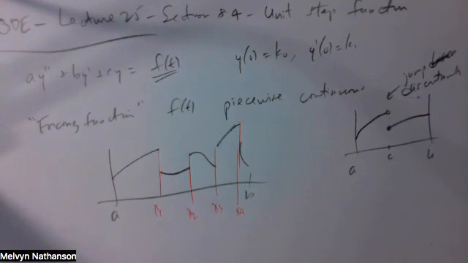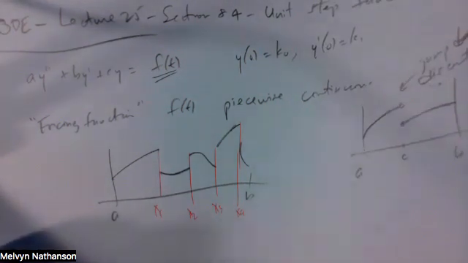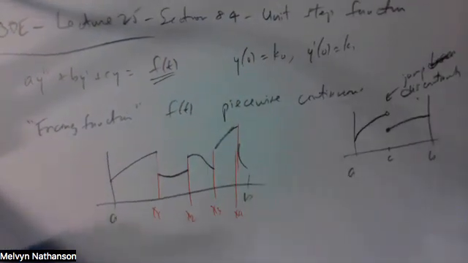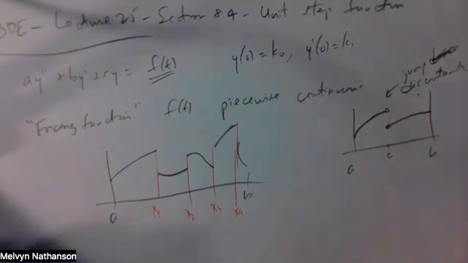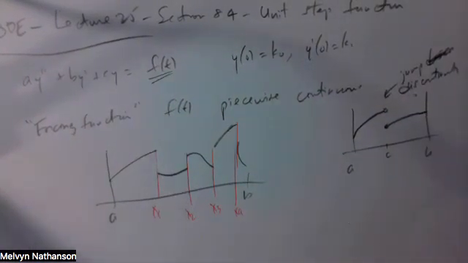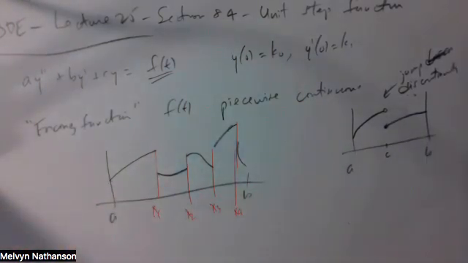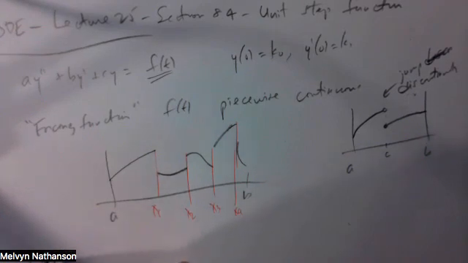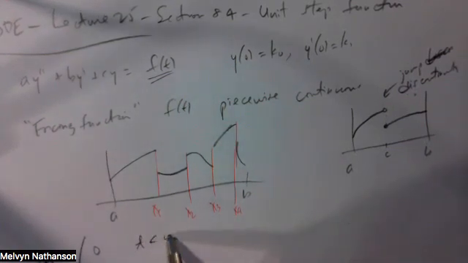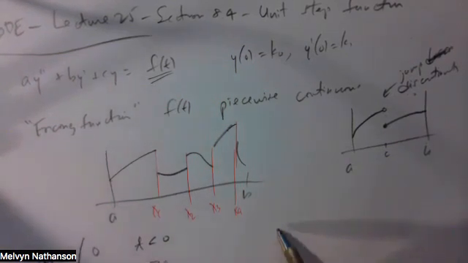So let's start with an example. By the way, what is the simplest function with a jump discontinuity? There's the function that's called u of t, which is defined to be 0 for t less than 0 and 1 for t greater than or equal to 0.